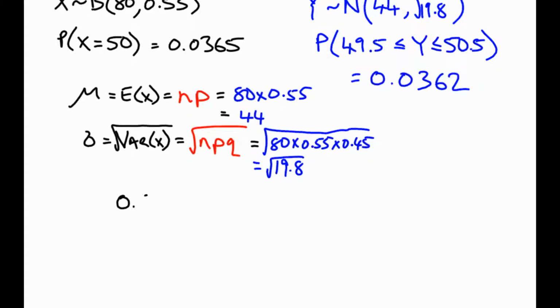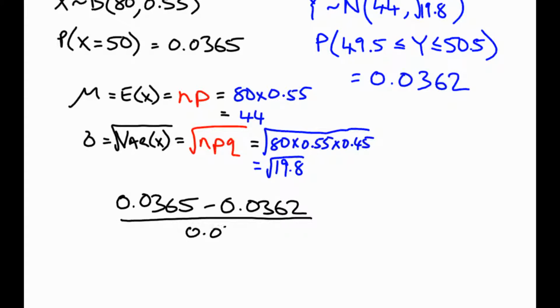Let's just quickly do that calculation. So the binomial result minus the normal result, all over the original or the more accurate answer, 0.0365. Plug it into the calculator, 0.0082.